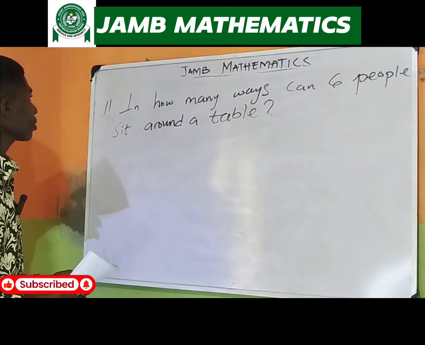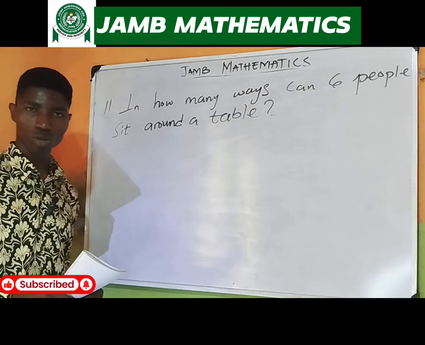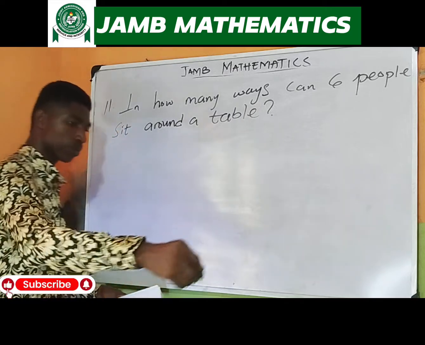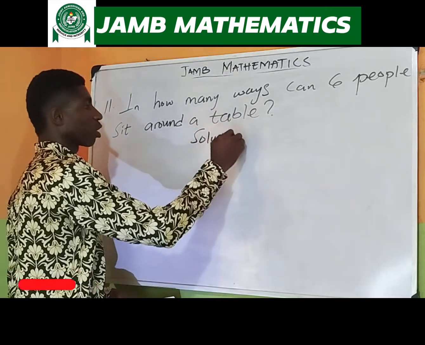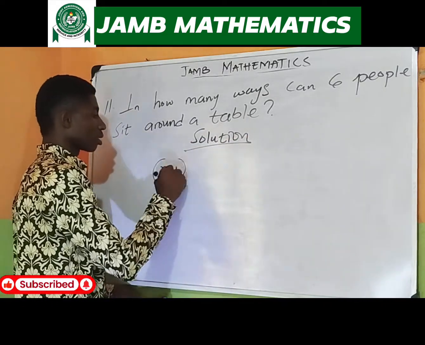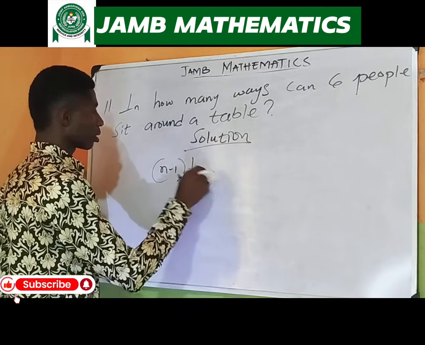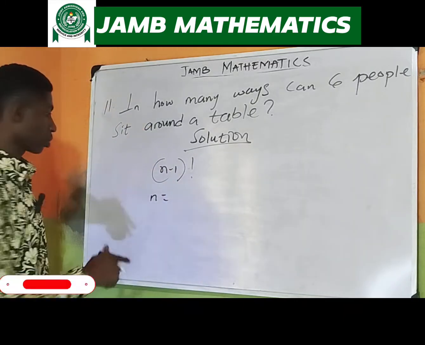Alright, question 11. In how many ways can 6 people sit around a table? Solution. The formula for the number of ways of sitting around a table is n minus 1 factorial, where n from the question is 6, the number of people.